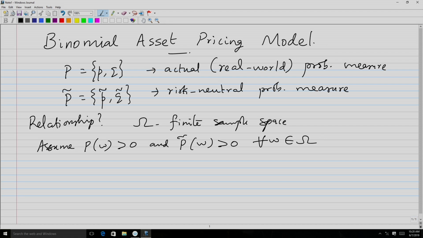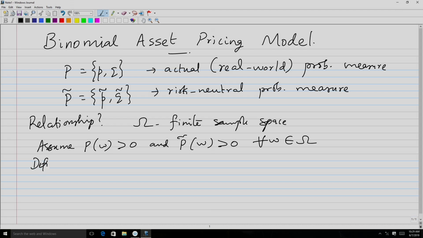If you look at p and q, we assumed that both are strictly between 0 and 1, and under the no arbitrage condition of the model, p tilde and q tilde were also strictly between 0 and 1. That was the binomial model, but this is in general true for any finite sample space situation.